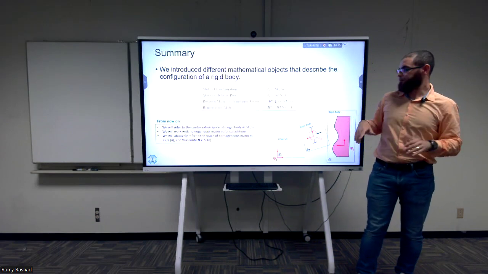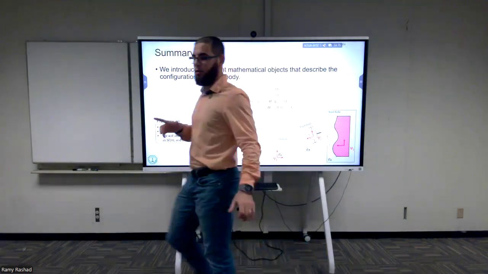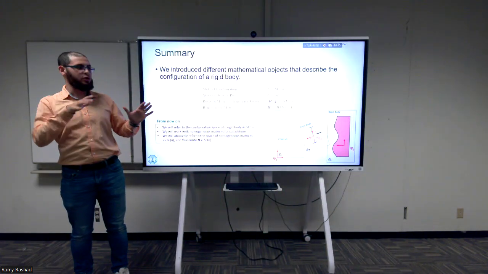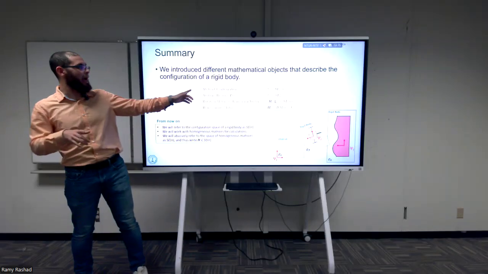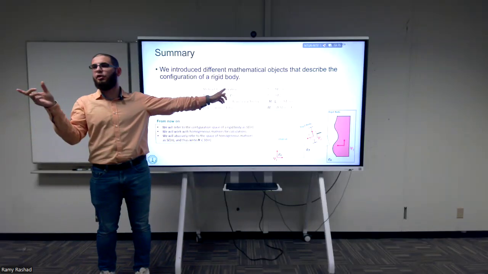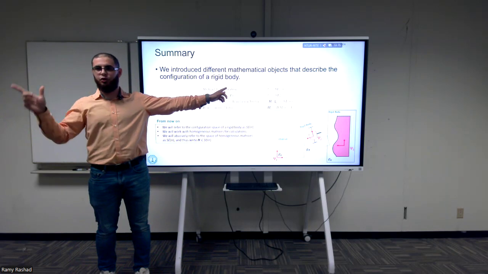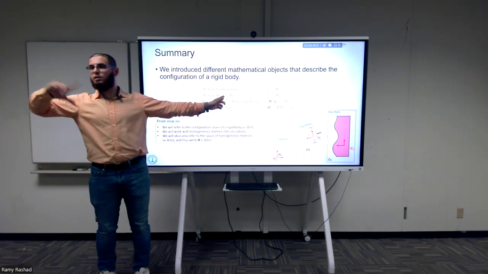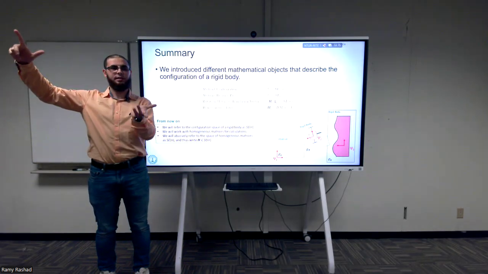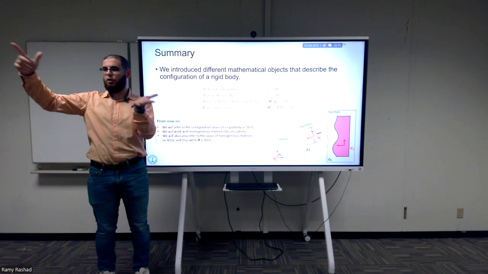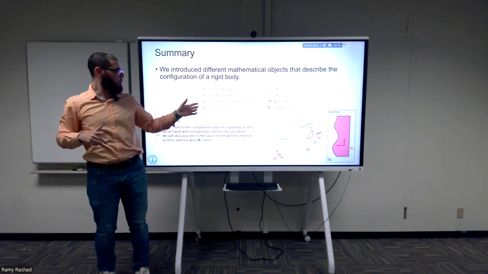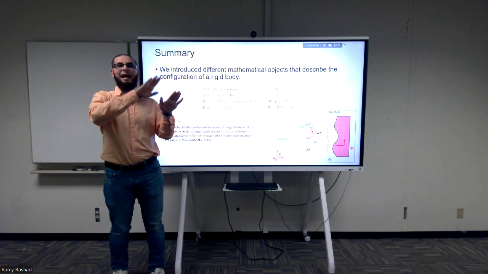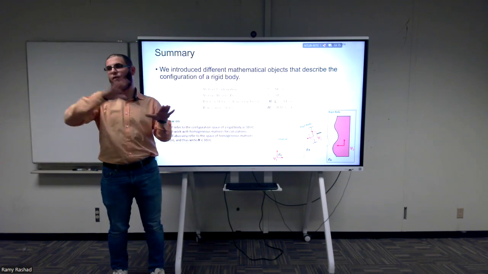So that's the conclusion. What is the configuration of a rigid body? We introduced all of these different notions. We started abstractly: we said the abstract configuration of a rigid body does not make sense unless you choose a reference configuration. Then we can talk about abstract relative poses between any 2 Euclidean spaces. Each Euclidean space can have a rigid body or can be an empty set. Then we represented them with numbers, as maps from Rn to Rn.